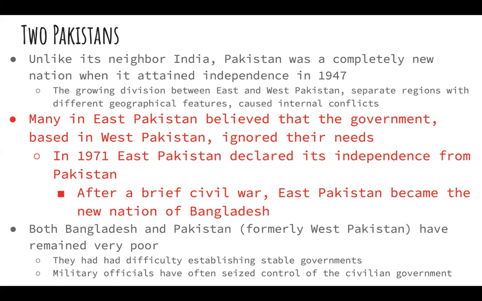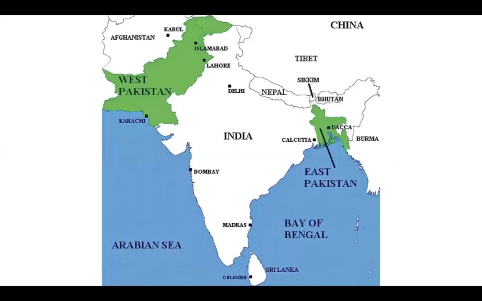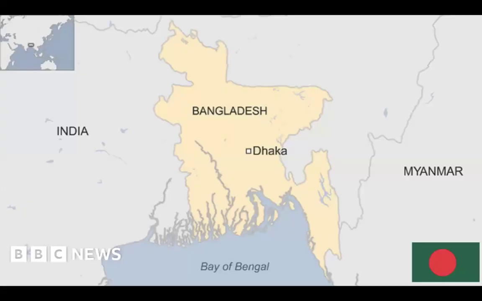After a brief civil war, East Pakistan became the new nation of Bangladesh. Both Bangladesh and Pakistan, formerly West Pakistan, have remained very poor. They had difficulty establishing stable governments. Military officials have often seized control of the civilian government in between. So East Pakistan, West Pakistan, Bangladesh.